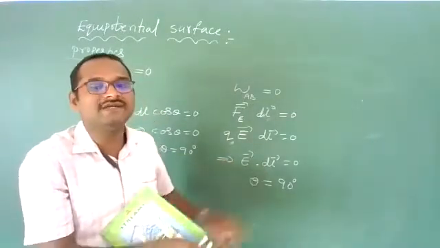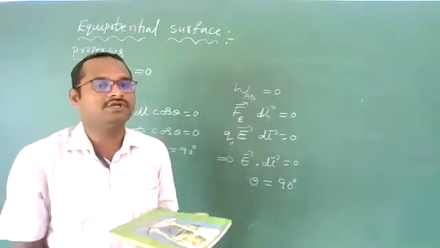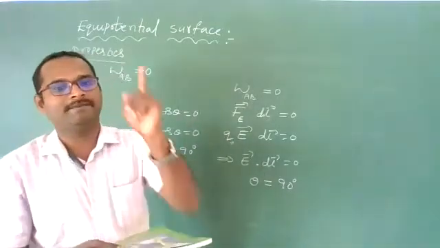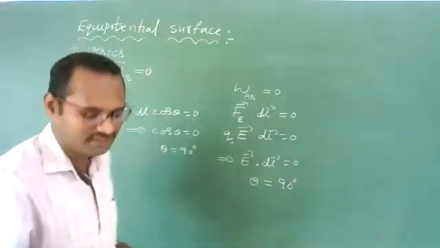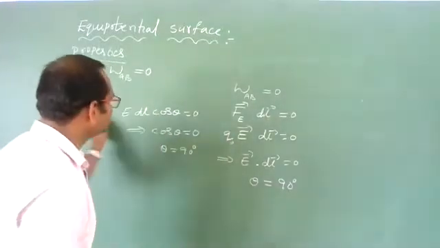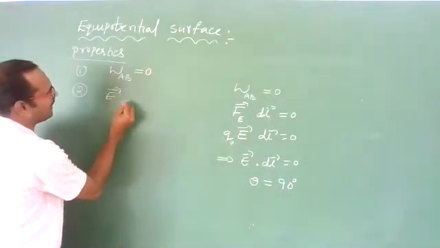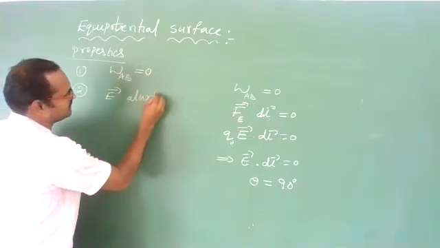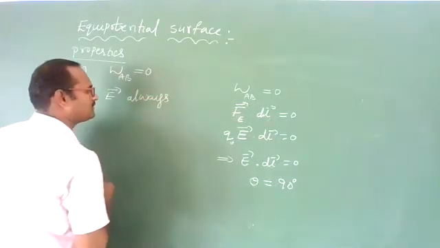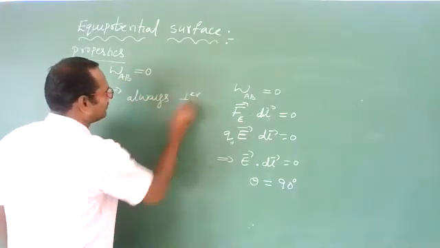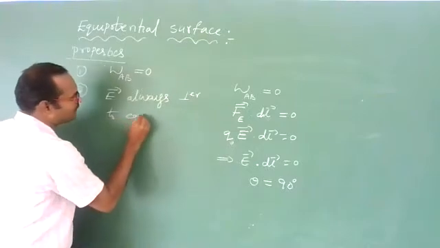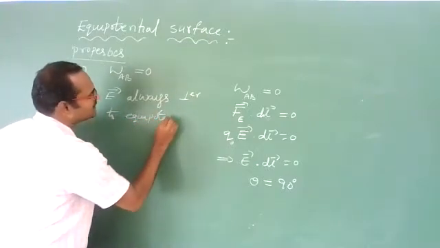If dl is along the surface, then E bar, means the electric field, should be perpendicular to the surface. Very, very important point. That means the electric field is always perpendicular to the equipotential surface.